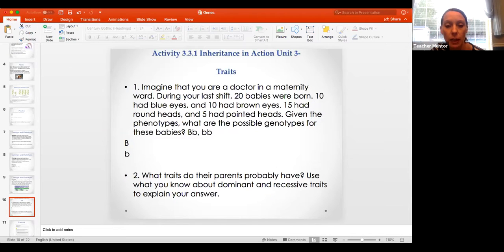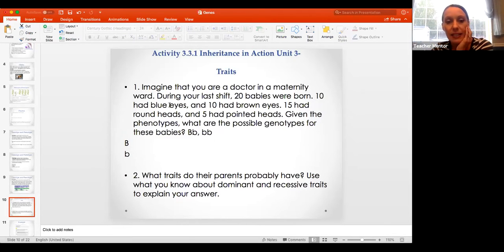So again, phenotype is what we see. Genotype are the alleles. So to help you through this, let's just take a look at the eyes first. We're looking at brown eyes and blue eyes. Okay, so the possible genotypes for these babies, we know that there are 20 babies, 10 had blue eyes and 10 had brown eyes.